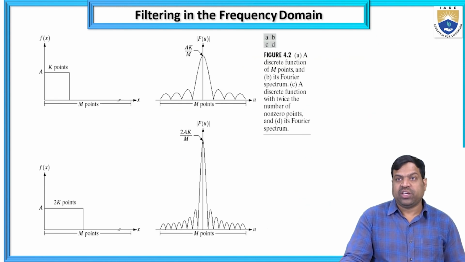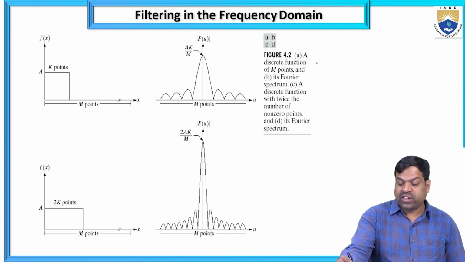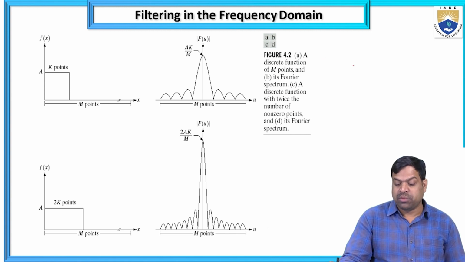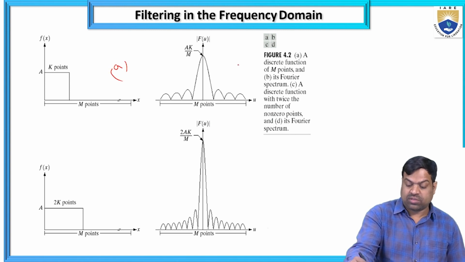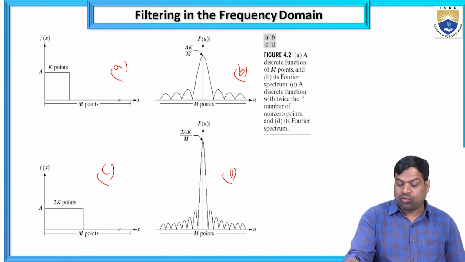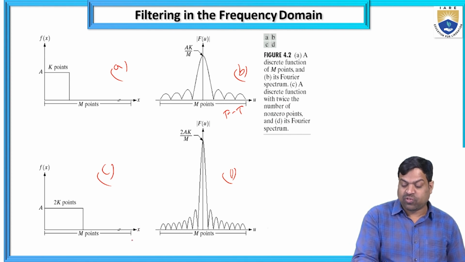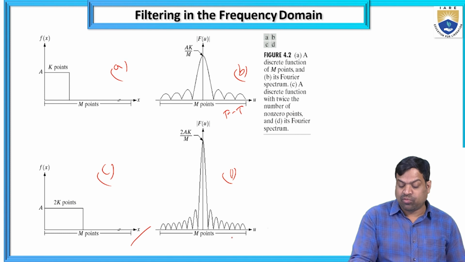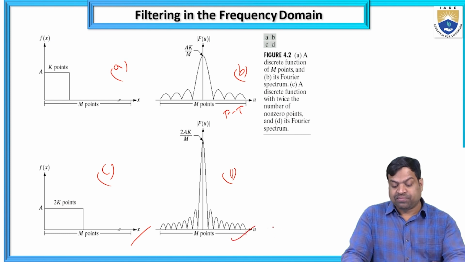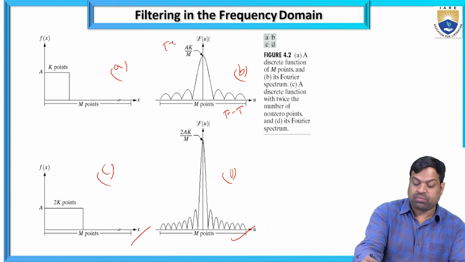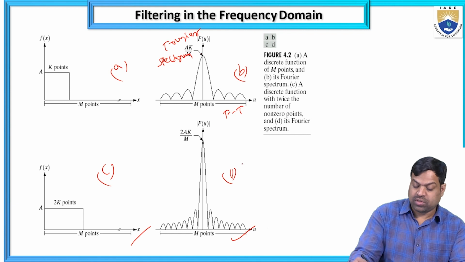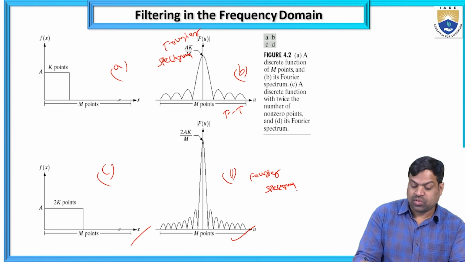I am taking one example here. Image A is a discrete function of M points, and image B is its Fourier spectrum, a discrete function with twice the number of non-zero points. These are the input images and the outputs are the Fourier spectra.